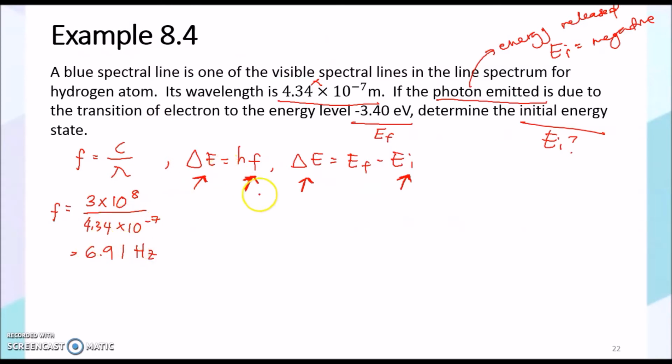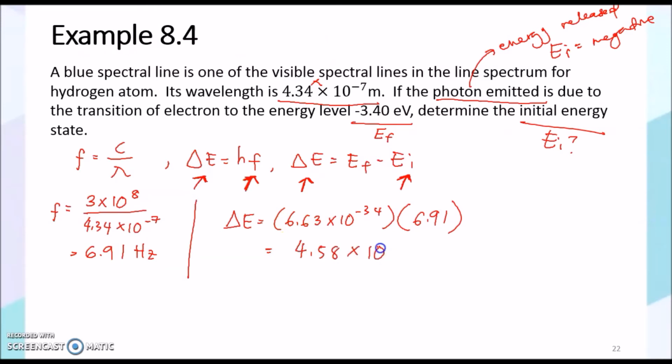Substitute frequency into the equation of delta E. Planck constant is 6.63 times 10 to the power of negative 34 times with the frequency 6.91. So the change of energy will be 4.58 times 10 to the power of negative 19 joule.